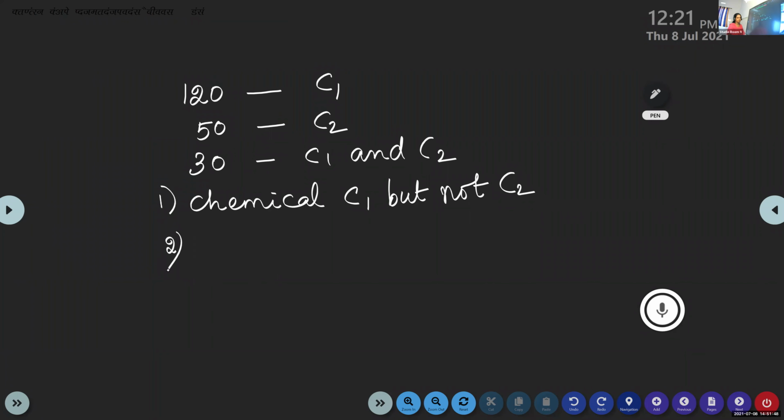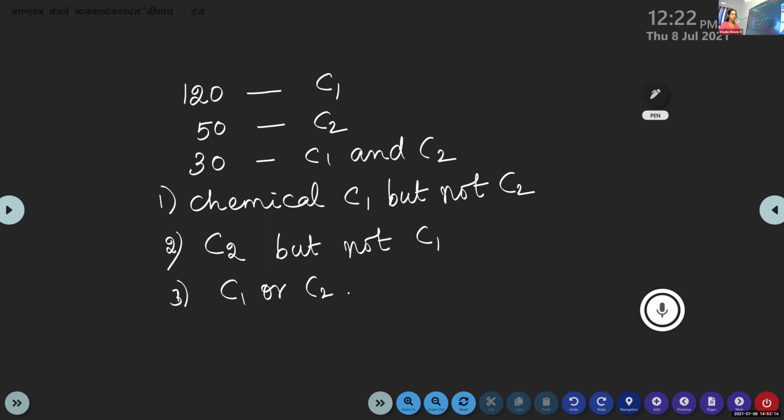Second one, C2 but not C1. Third one, C1 or C2.